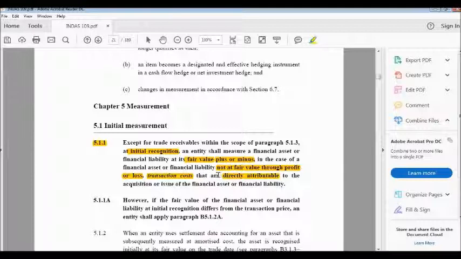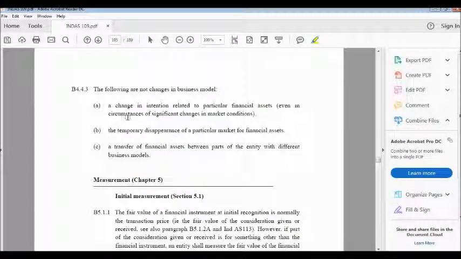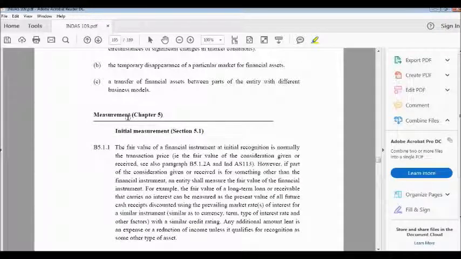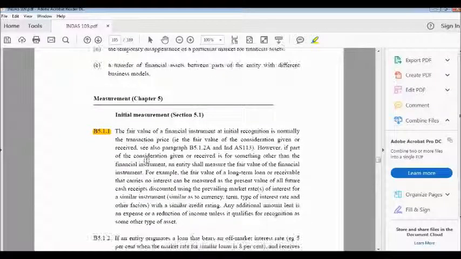Now to explain this provision, there is another application guide, Appendix B of this standard, which will tell you how to apply these requirements in practical situations. Paragraph B5.1.1 says that the fair value of a financial instrument at initial recognition is normally the transaction price.